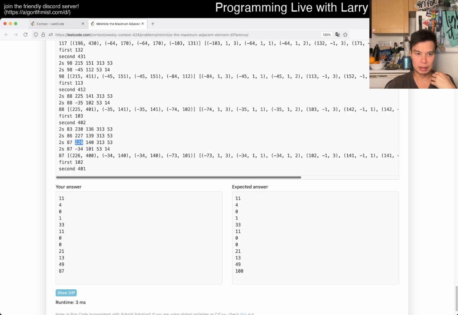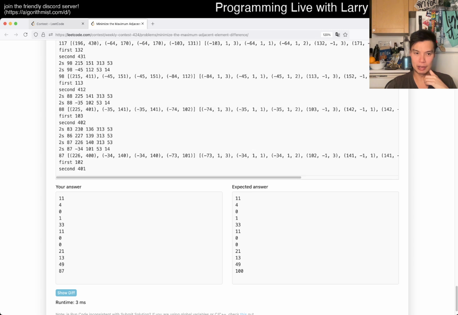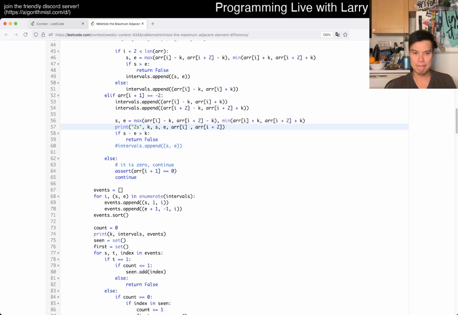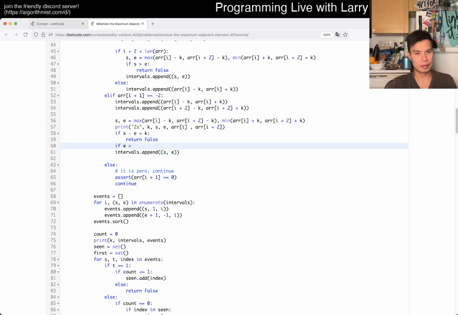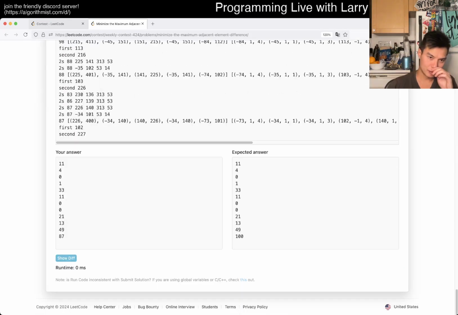But we have to put 140 into it somehow. Because the thing is that it thinks that the first number can be 102. So what, I'm just not doing this right.